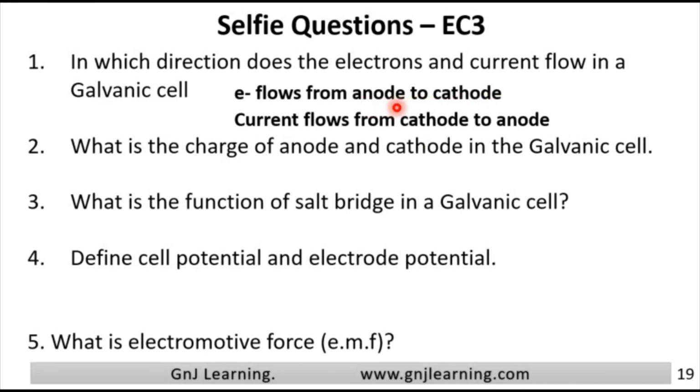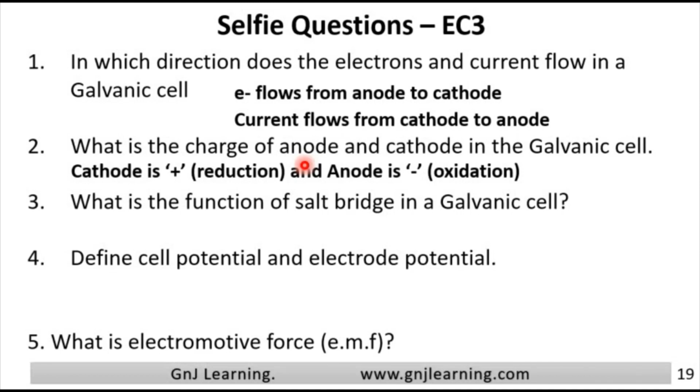So from lower potential to higher potential, whereas current flows from higher potential cathode to lower potential anode. Next question: what is the charge of anode and cathode in the galvanic cell? Cathode has higher potential, so it's positively charged, and anode has lower potential, so it is negatively charged. Cathode is the reduction electrode and anode is the oxidation electrode.